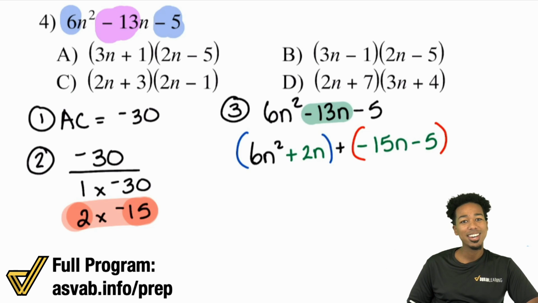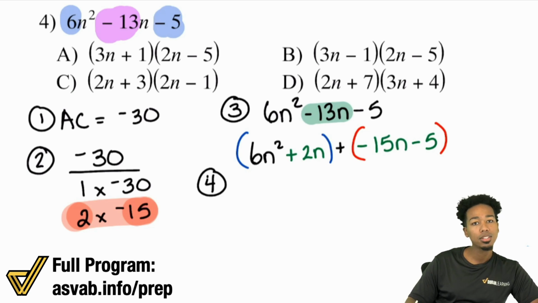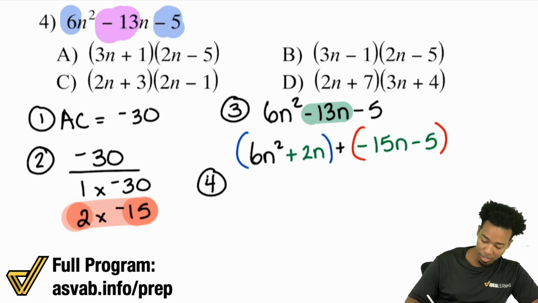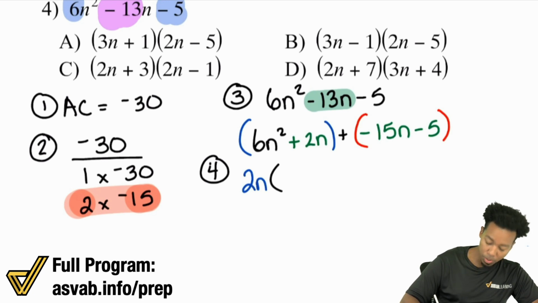And now let's go ahead and factor by grouping. Step 4. 6n squared and 2n, they each have 2 and an n in common. Because 6 can be divided by 2 and so can 2. So here we have 2n. And then on the inside, well, 6n squared divided by 2n is 3n left over. And then 2n divided by 2n is positive 1.